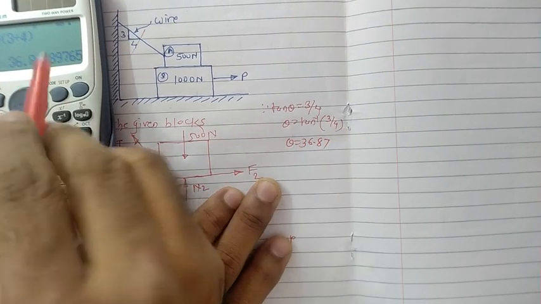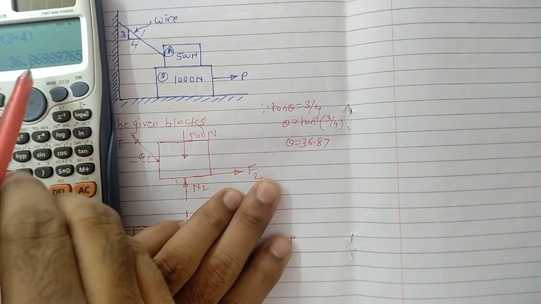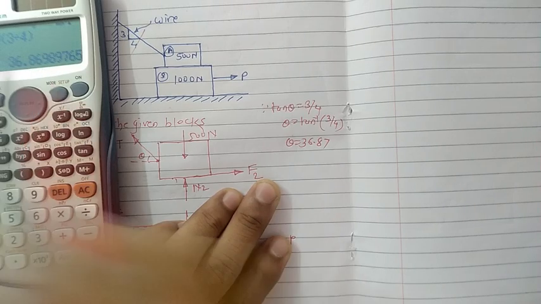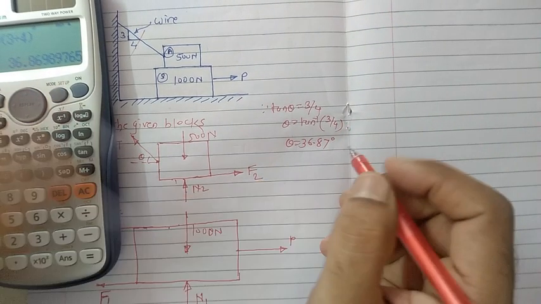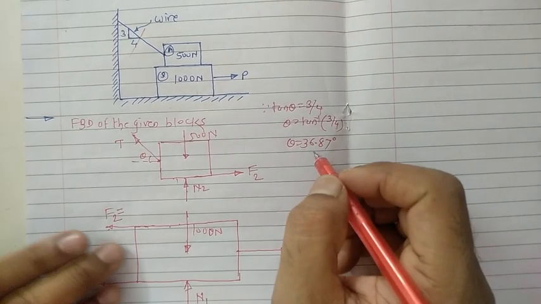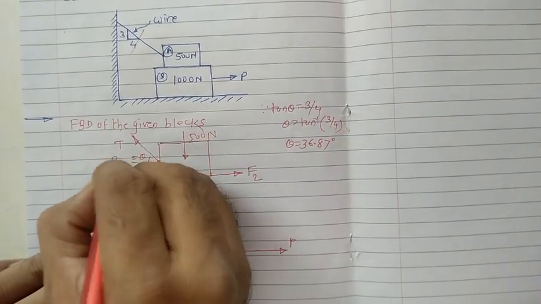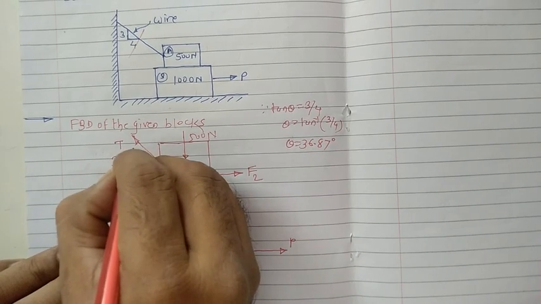If you see that the next decimal place is greater than 0.5, we can increase the previous digit by 0.1. So in this way you get the angle 36.87, so the value for theta is 36.87 degrees.